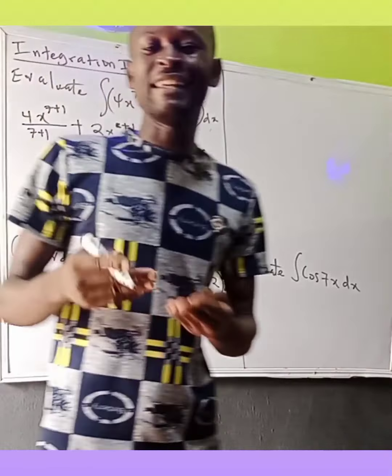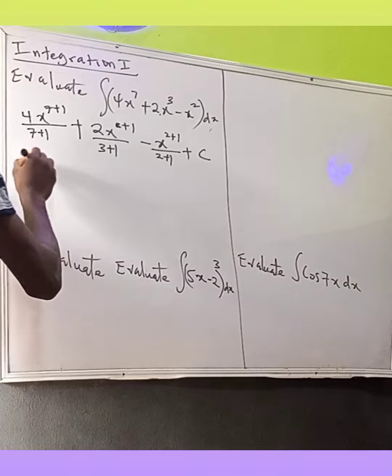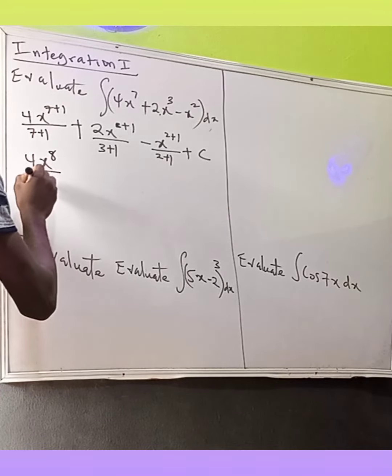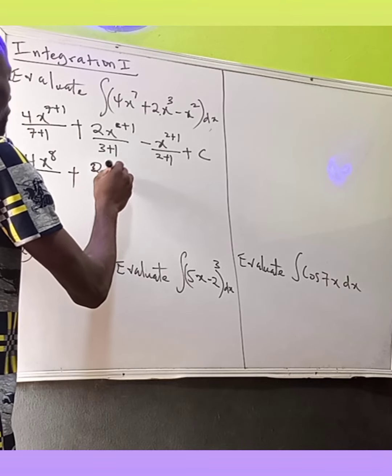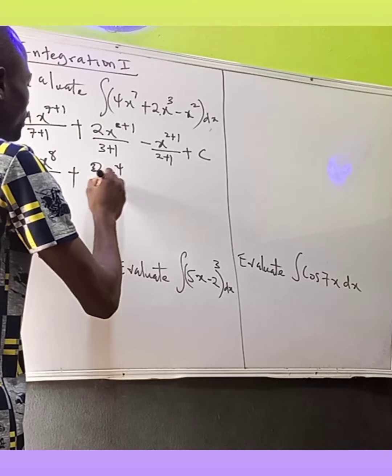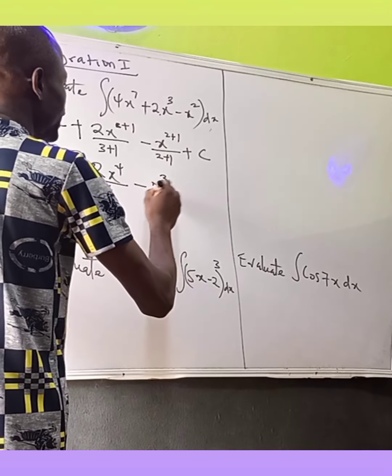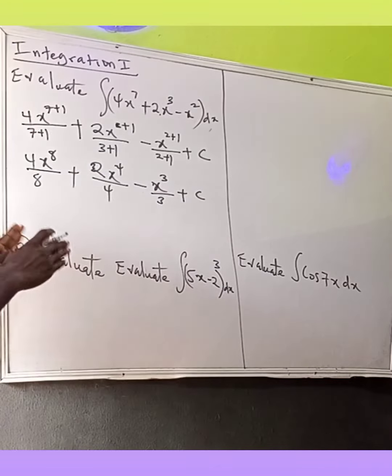And that c is seen as the constant of integration. So you're going to have 4x raised to power 8 divided by 8, plus 2x raised to power 4 divided by 4, minus x raised to power 3 divided by 3, plus c. That is it.